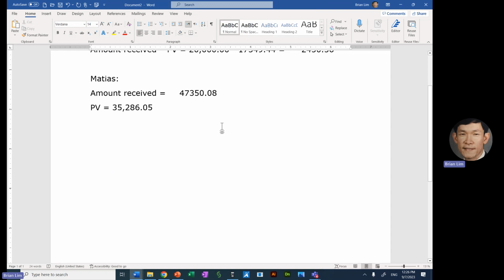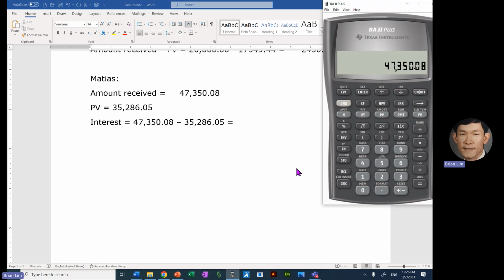Now the interest would be equal to what? Well, we take the 47350.08 and then we subtract 35286.05 and we will get an answer. We can just subtract the present value.